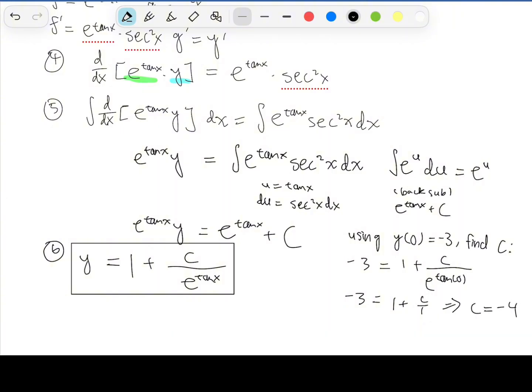So the last step that we have to do is just to replace this guy with -4. And a nicer way to write that is to put a minus sign over here and a 4 up here. And we're all done. This is our particular solution. And that answers the question.